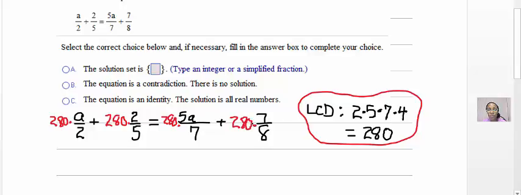Every term is getting multiplied by that 280. And the whole goal here is that the denominators are going to divide into that evenly.